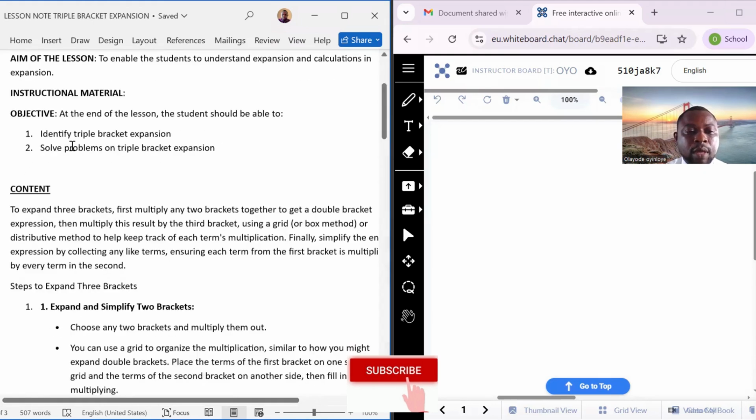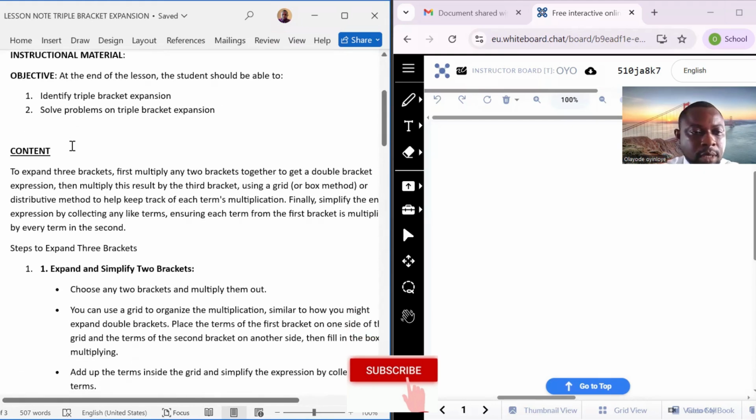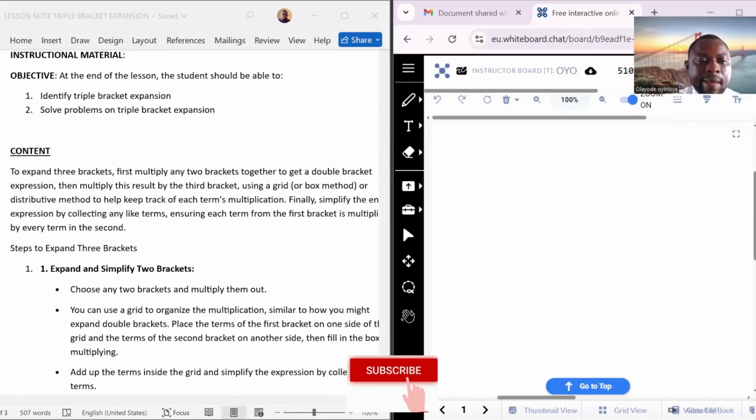So we quickly look at the content of the lesson. To expand triple brackets, first multiply any two brackets together to get a double bracket expression.